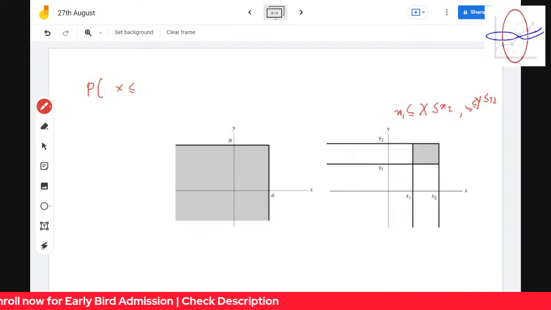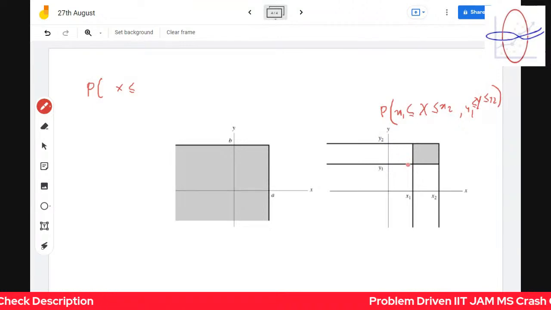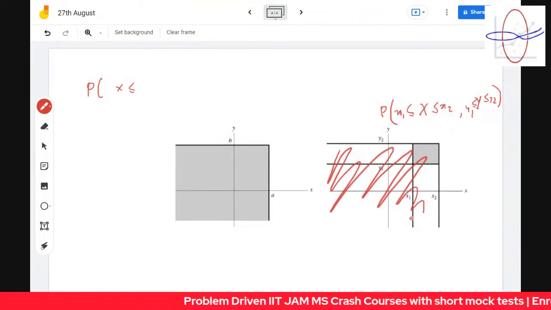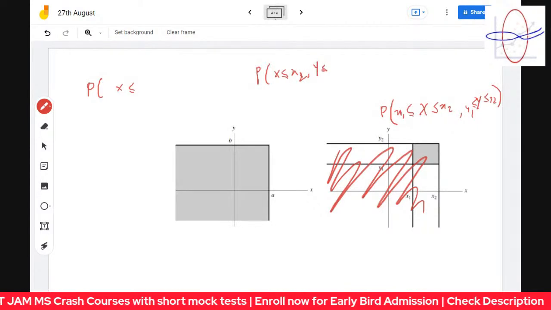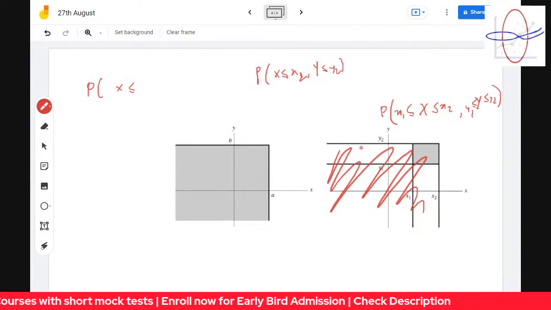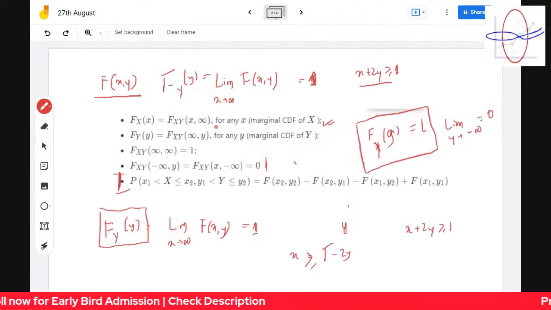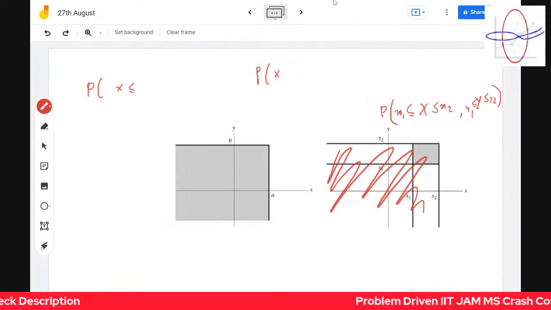and greater than or equal to y1, is nothing but this region: the probability of x less than or equal to x2 and y less than or equal to y2, minus this region. It will turn out to be this simple fact, and I will share the final result with you. You can check it by the normal geometrical method of areas, with subtraction and addition.